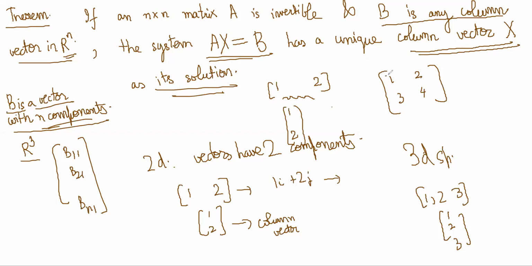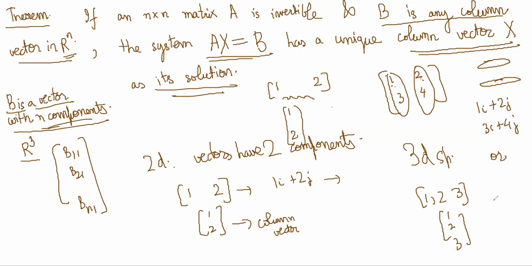Either you can think of this as a vector and this as another vector, or you can think of this as a vector and this as another vector, right? Either this matrix meant 2 vectors, 1i plus 2j and 3i plus 4j, or it meant 2 vectors, 1i plus 3j and 2i plus 4j.